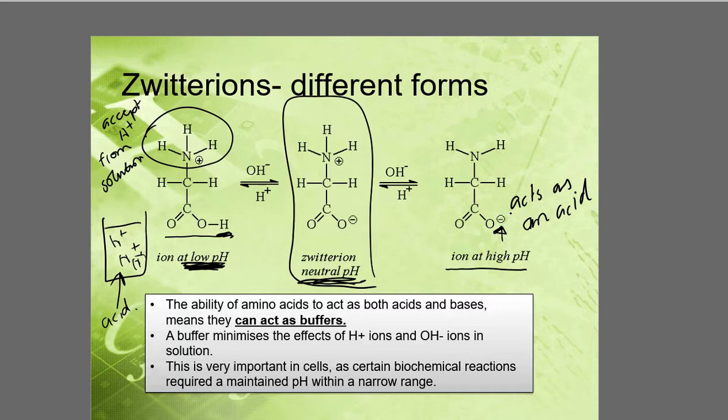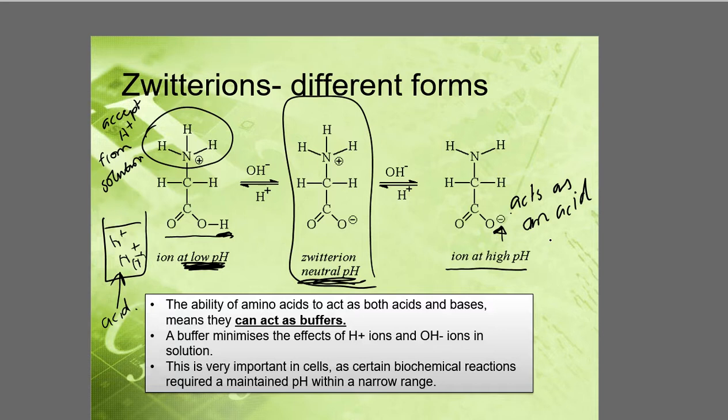So what happens there, therefore, is we don't have a zwitterion anymore. A zwitterion is represented by this middle molecule here, which technically is overall neutral charge, but has charges present. When we change the pH of solution, the behavior chemically can change to either acting as a base or acting as an acid.